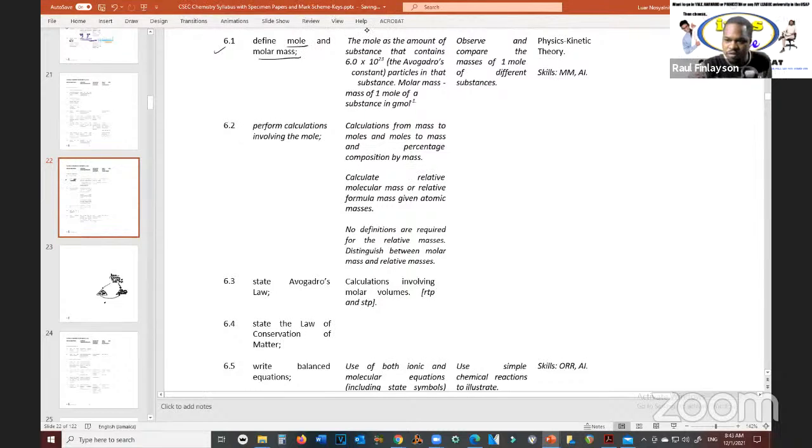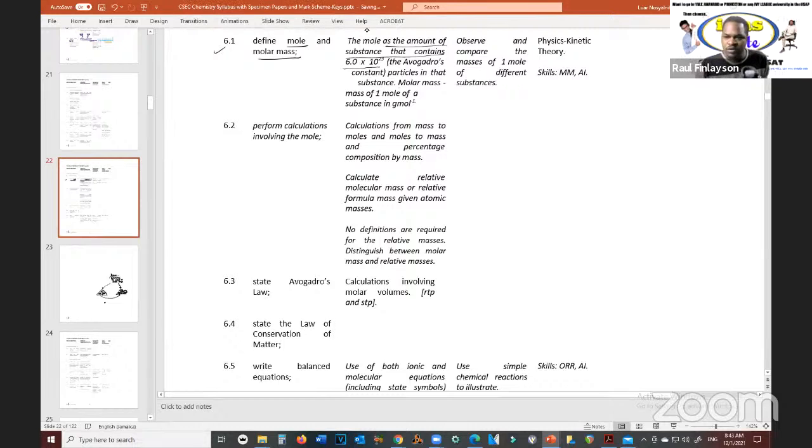The mole is the amount of substance that contains 6.0 times 10 to the 23, and that's also called Avogadro's constant or Avogadro's number. They don't just put it to one decimal place there, but that's okay. And the molar mass they define here as the mass of 1 mole of a substance. Again, this is just a given that you would remember these.